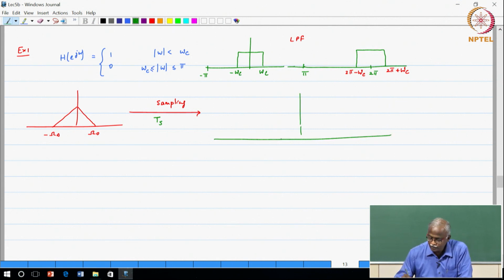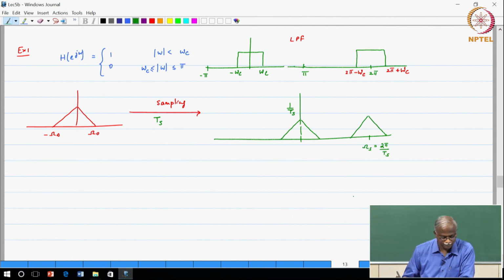I get replicas of the spectrum scaled by a factor 1 over Ts, and they are separated by the sampling frequency omega s, which is equal to 2 pi over Ts.